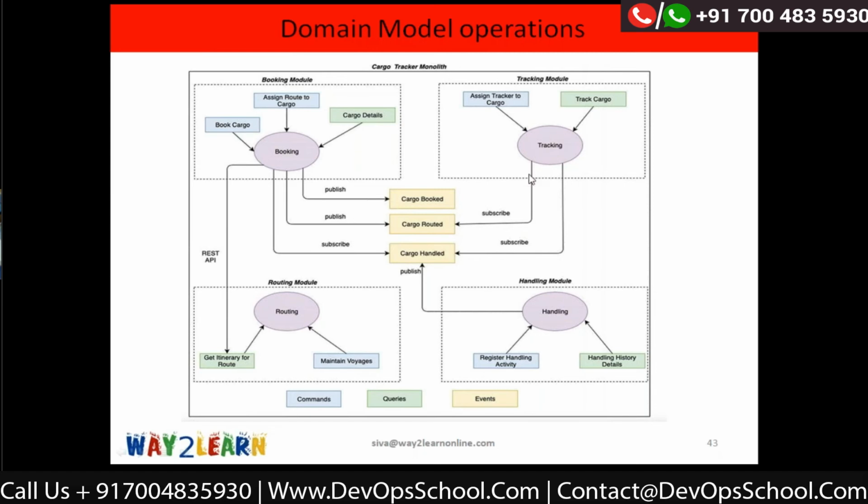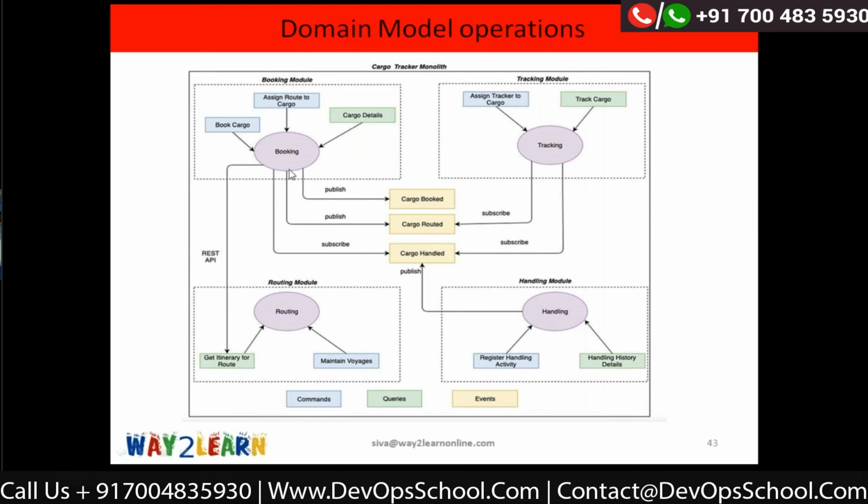So once it subscribes, whenever a cargo routed event comes, a command has to be executed. What? Assign a tracker to the cargo. For this cargo, a tracker ID has to be generated and assigned once the cargo is routed. So once an event is received, this results in a command called assign tracker to cargo, right?